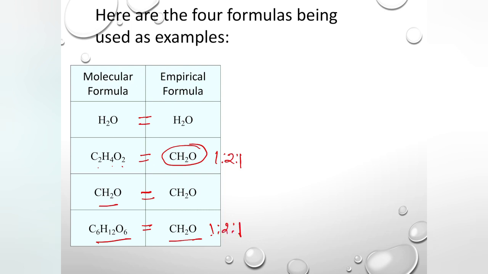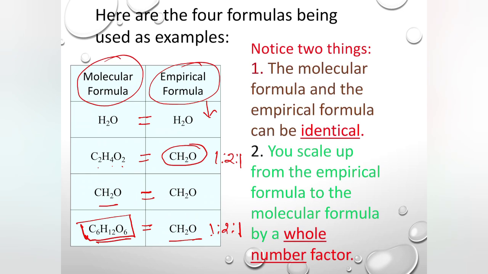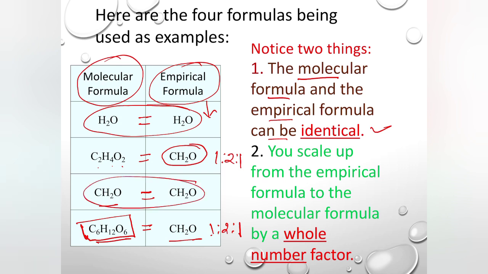It means the empirical formula is the simplest ratio of atoms in a compound, but at the same time the molecular formula is the exact formula which contains exact information about the total number of atoms present in a compound. We should be very clear on two things. The molecular formula and the empirical formula can be identical in some cases, but not always.